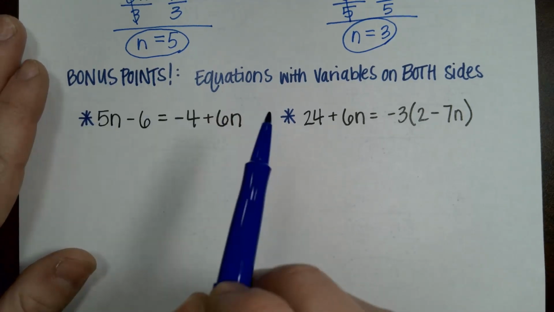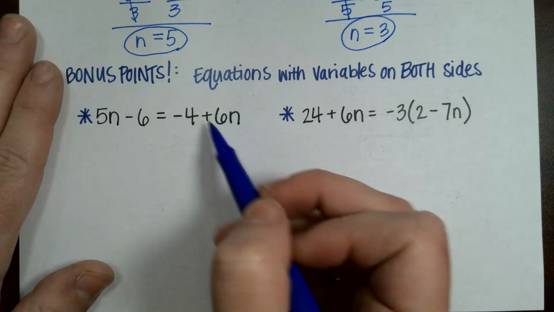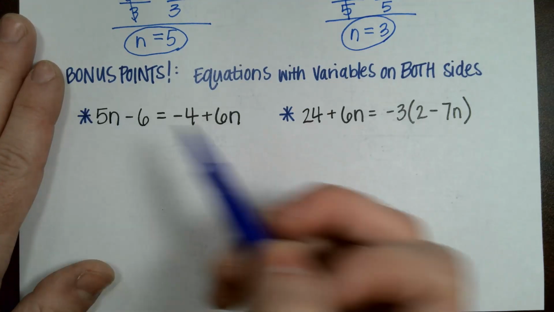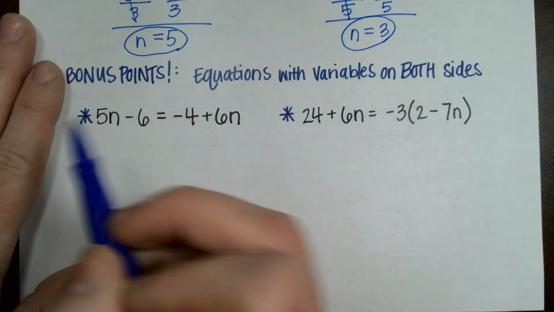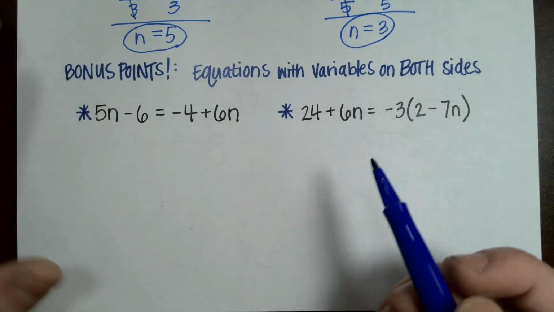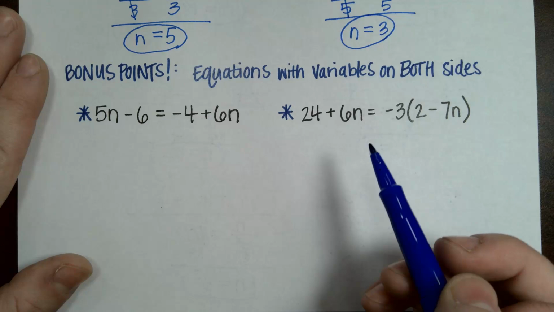Whenever we have variables on both sides, we need to first get all of our n's on the same side. So I could either subtract 6n on both sides to combine it with 5n, or I could subtract 5n on both sides to get rid of it here and put it with the 6n. So which one do you guys want to do? 5n. Let's do the 5n.